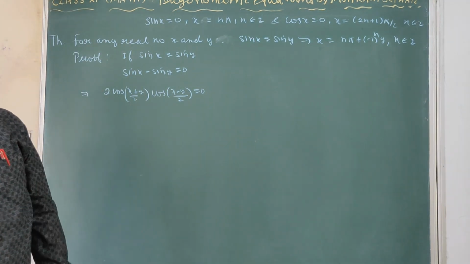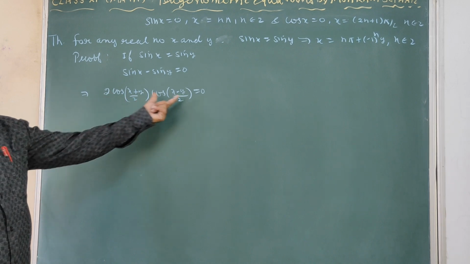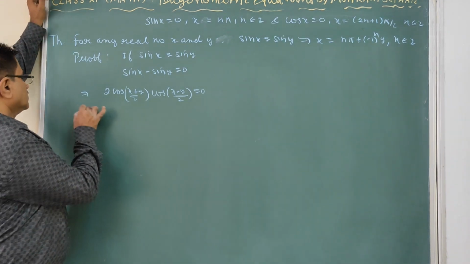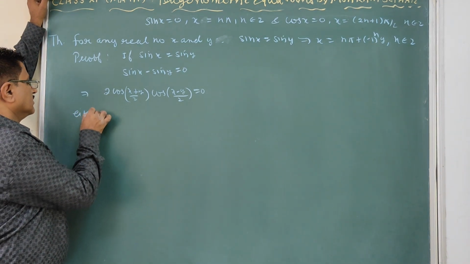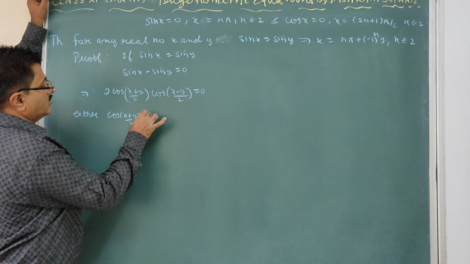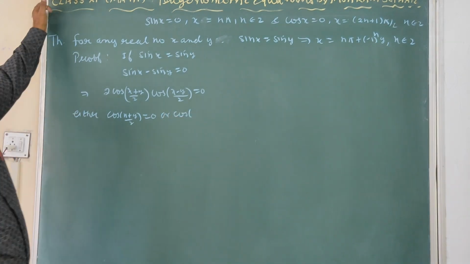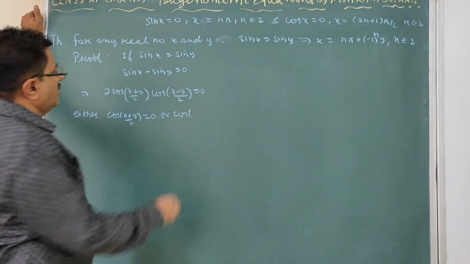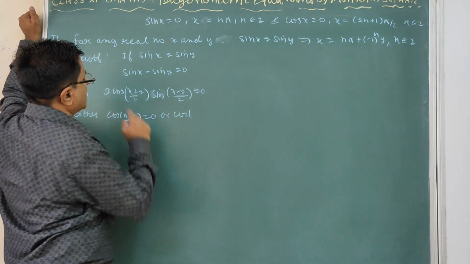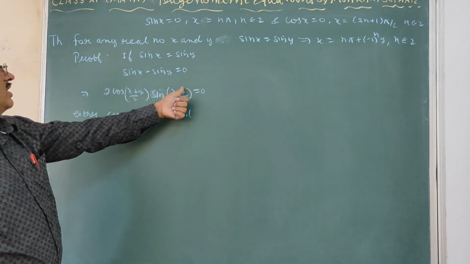So we are using the formula which we have seen in previous class. Now see the product of these two is 0, it means each will be 0. So you can write either cos of x plus y by 2 equal to 0 or, this will be sine, not cos, sine of x minus y by 2. So 2 cos x plus y by 2 into sine x minus y by 2.